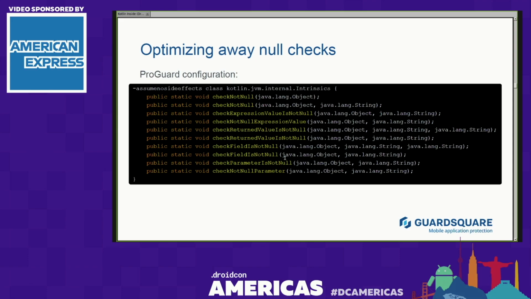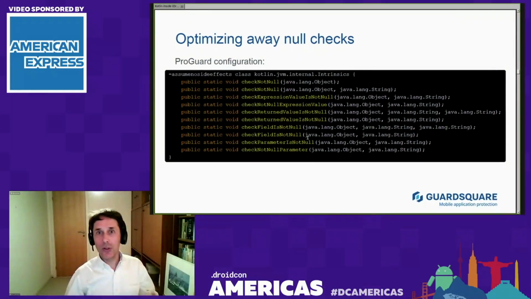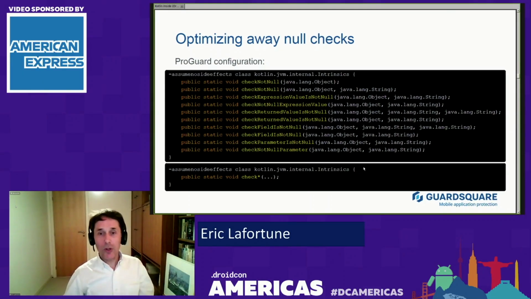In this case, they will never throw an exception, so that ProGuard can remove all invocations and eventually also all of the method definitions. A more compact way to write this is using wildcards. You can say all of the check methods that have any number of arguments of any type. Feel free to remove them.